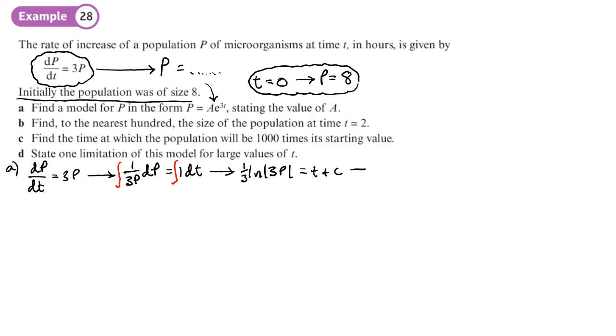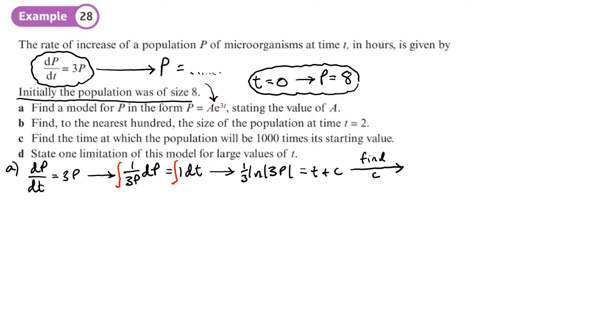Okay, so now what I need to do is find c, because what I've got written here is the general solution. I want the particular solution. There is a c, it's like the letter a, and we need to state the value of it, so we can't leave our answer with just the letter there. We need to work out its value.